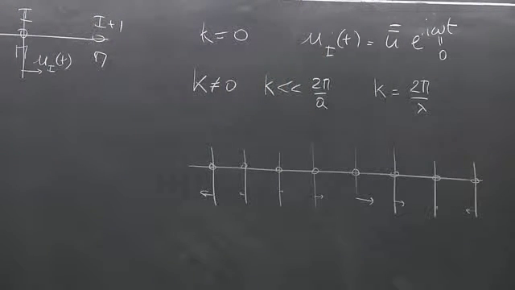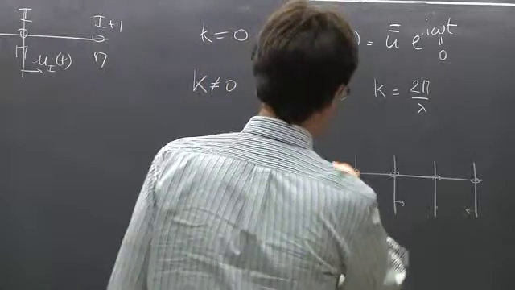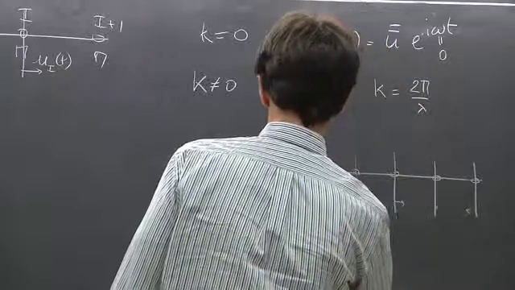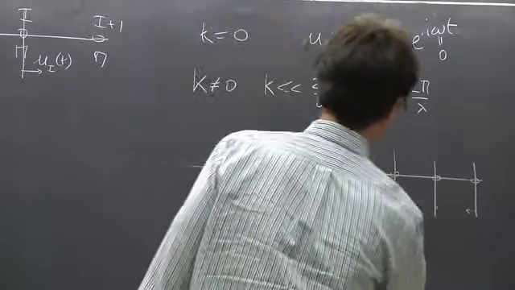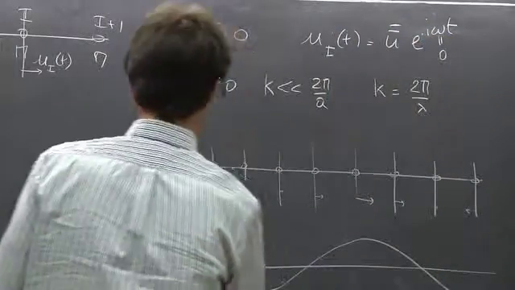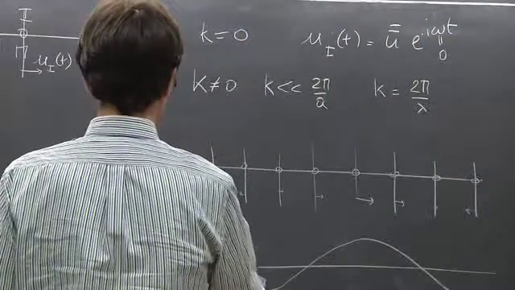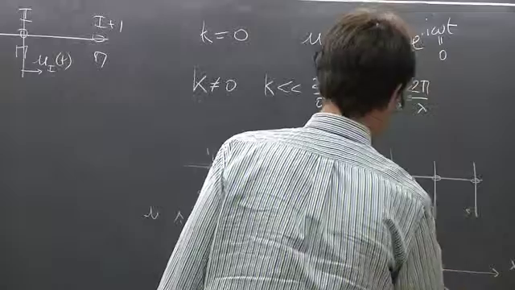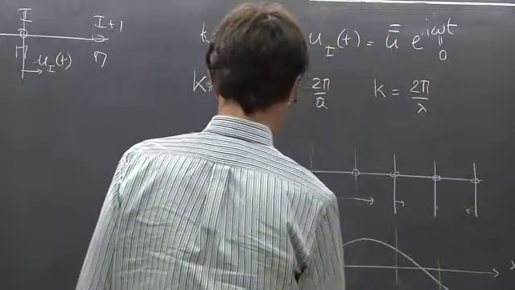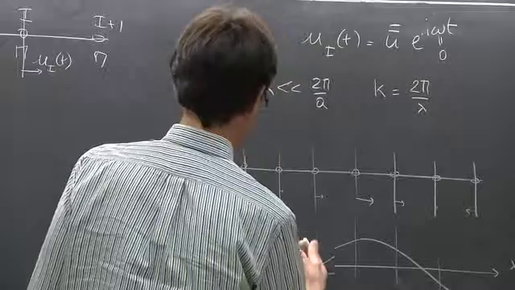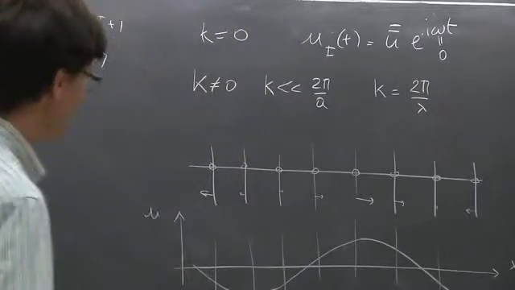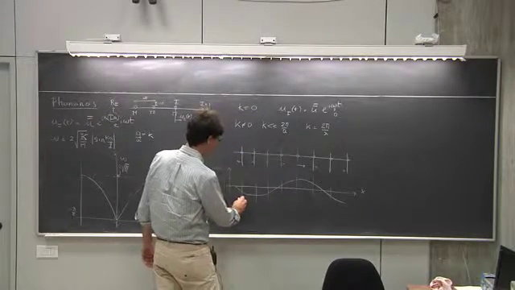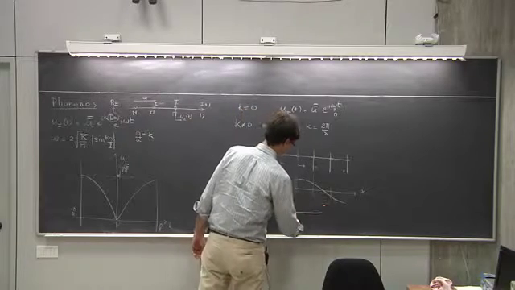In this particular case, if this is the maximum, let me put it here. Here it goes to 0, and then it becomes maximum again. Here it goes to 0. So if I were to plot u as a function of, say, x, not exactly like that, but more or less like this, then this could be the wavelength, for example, lambda.